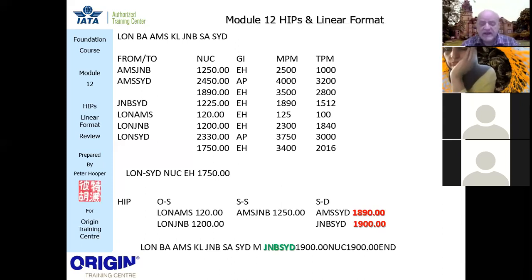If we had JNB space SYD, that's not an HIP. With HIPs the cities are all together, and that's how we know it's an HIP. Normally they would be separate because they're letters, we make a space. But this time we don't make a space, and that tells me, oh, HIP.